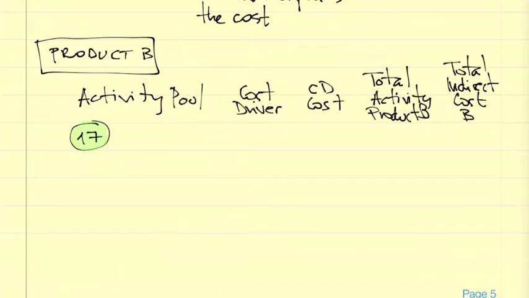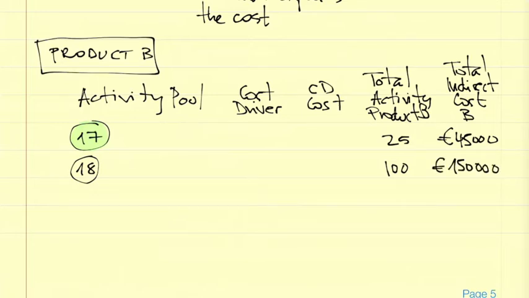So this is 25 because the rest is the same, 45,000. Number 18, 100 and 150,000. Number 19 is 500,000, and this means, wow, we have 100,000 here.